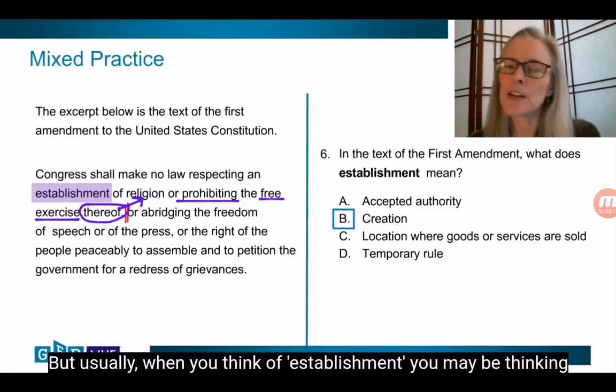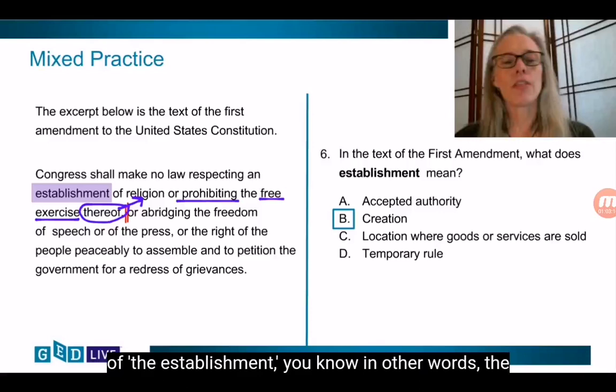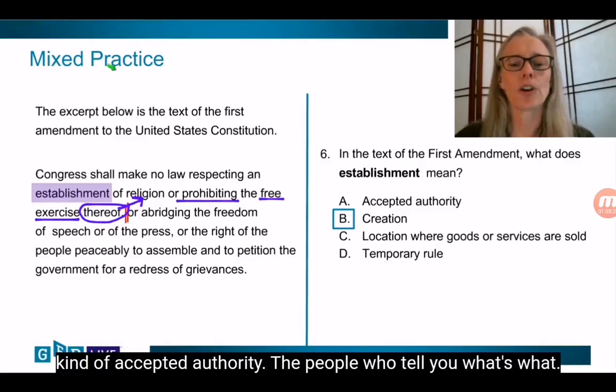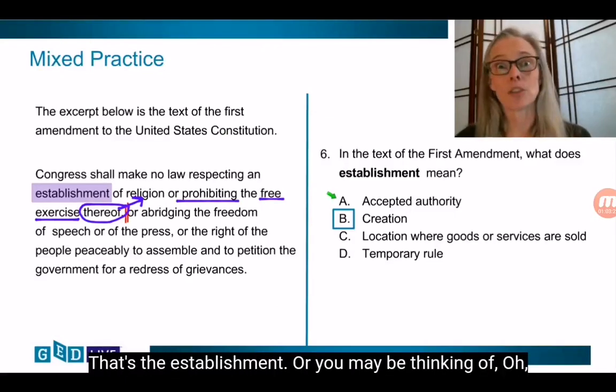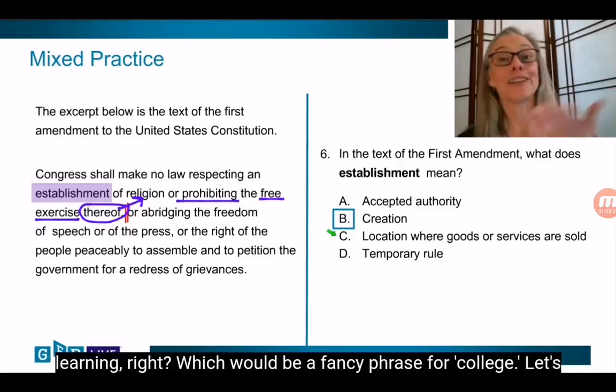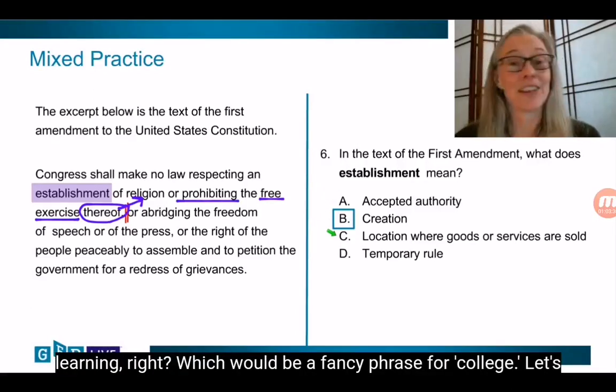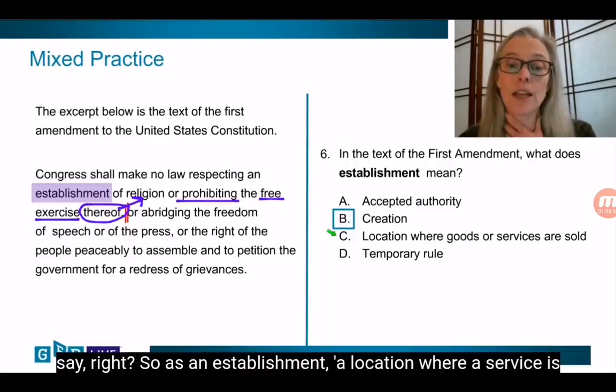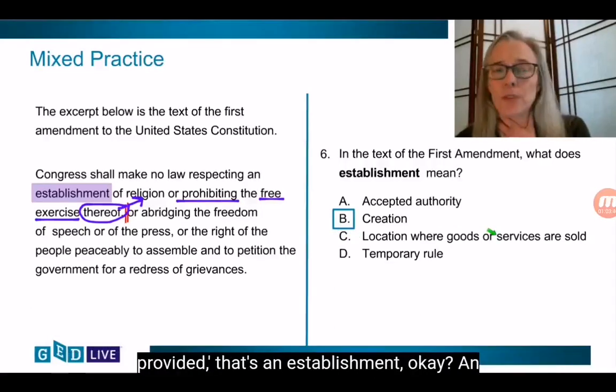But usually when you think of establishment, you may be thinking of the establishment, in other words, the kind of accepted authority, the people who tell you what's what. That's the establishment, right? Or you may be thinking of an establishment, like you might go to an establishment of higher learning, right? Which would be a fancy phrase for college, let's say, right? So an establishment, a location where a service is provided, that's an establishment, right?